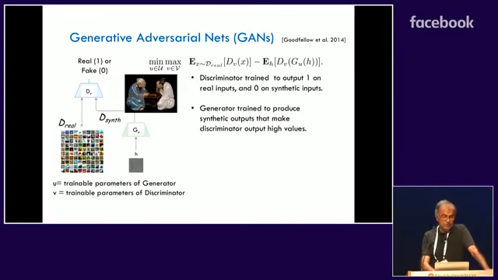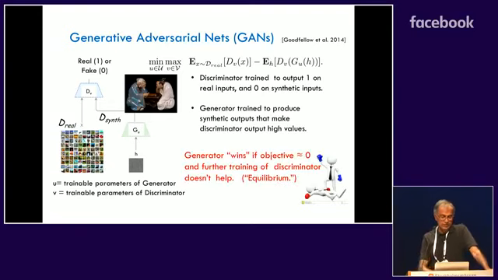So what are we trying to do at the end of the training? We are hoping to train a good generator. And in this two-person game, you can think of it as an equilibrium. We think that the generator wins if the objective is roughly 0, which means that the discriminator is at the end unable to distinguish between these two distributions, or not distinguish too much, close to 0.